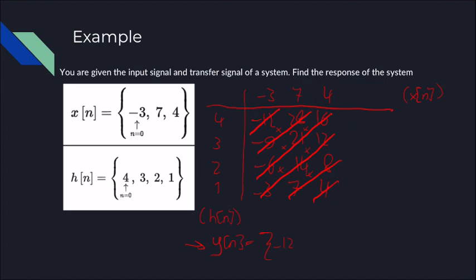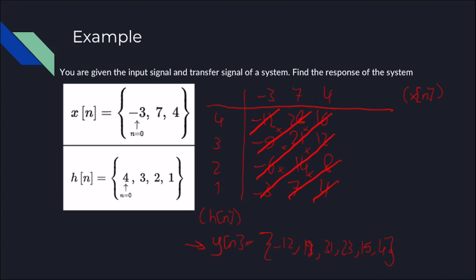Okay, so we're going to get these values: 13, 19, I'm sorry. Then we're going to have 31, 23, 15, and 4. And in order to determine the output, we need to get the value when n equals 0.